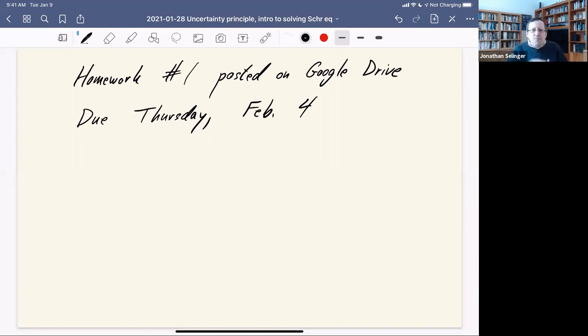Rule number 2, I think I forgot to mention this when I was going over the syllabus. When it comes to homework, I encourage you guys to work together. It is more than allowed. It is actually recommended. Okay, and so by all means, feel free to talk with other students in the class.